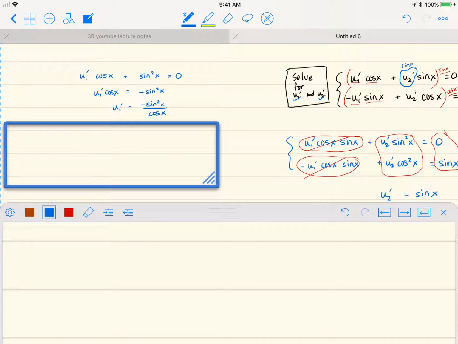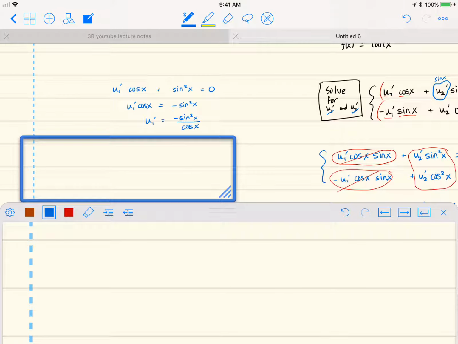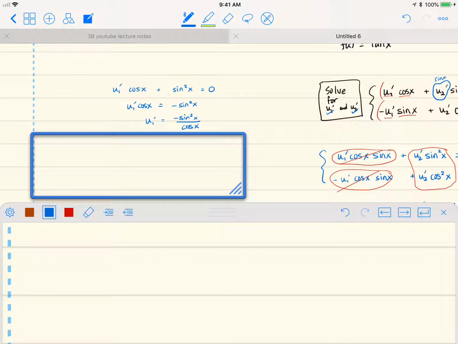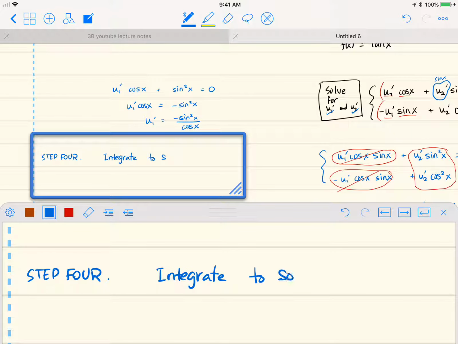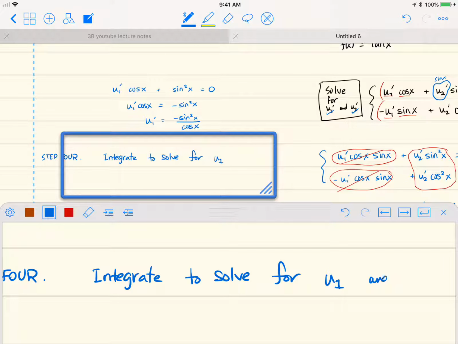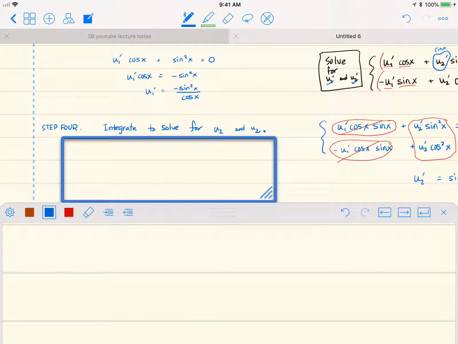Now we are ready, I believe, for step 4. So we need to integrate to solve for u1 and u2. So now what is my u1?